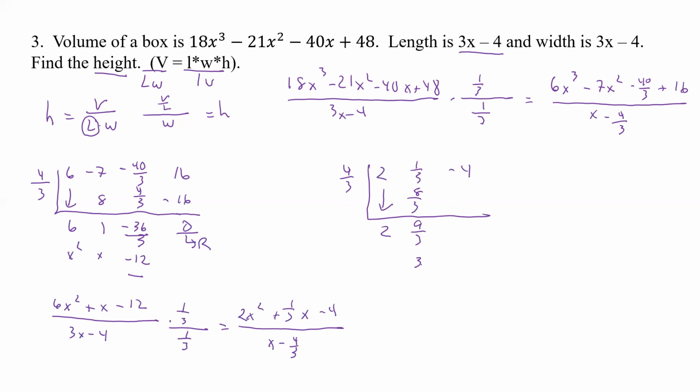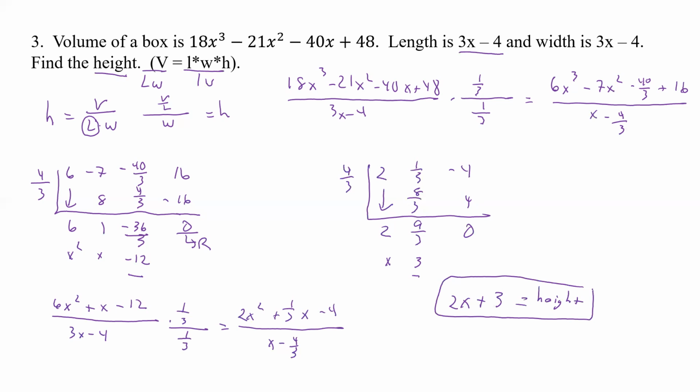And 4/3 times 3, the 3 cancels, so it's just 4. 4 minus 4 is 0. And so voila, we have an x and a number. So it's just going to be 2x and then plus 3. And that's going to be our height.